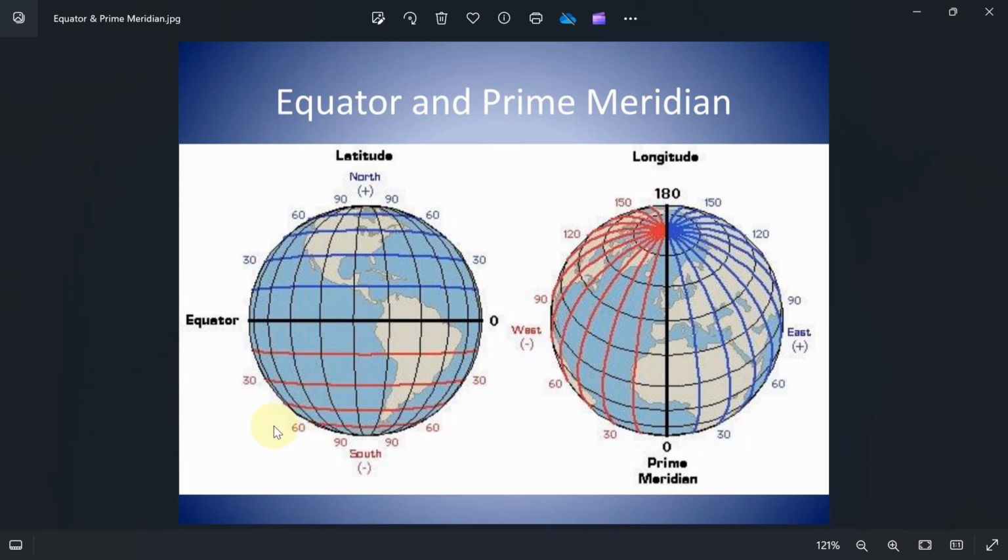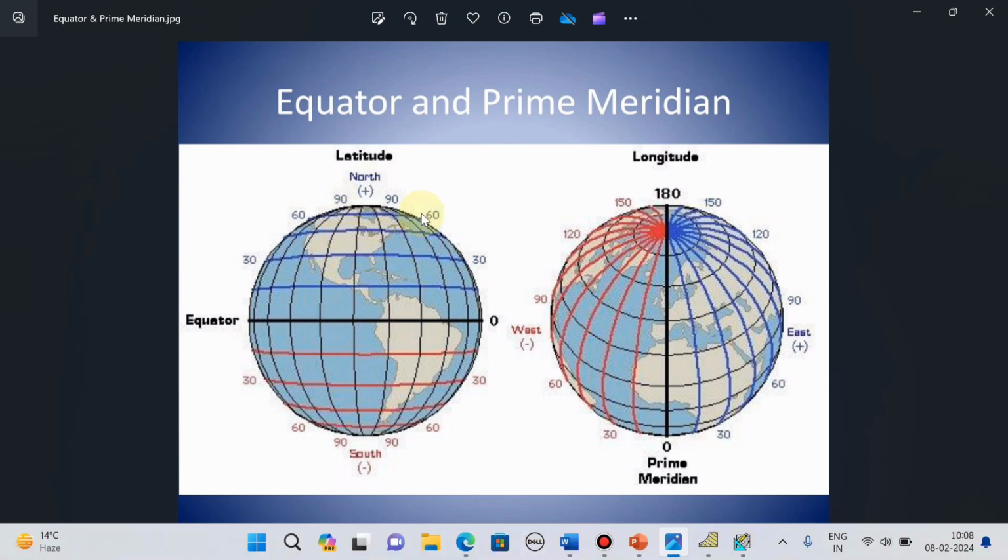Suppose your city is coming above the equator, so you have to select the positive sign, and if it is coming below the equator, you have to select the negative sign. So you have to remember this thing.